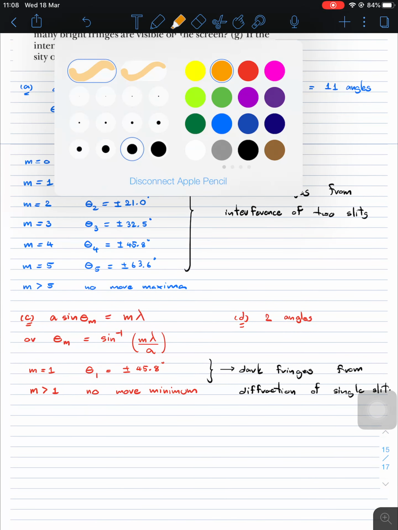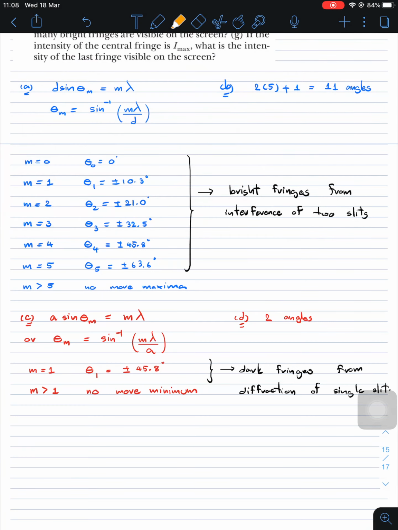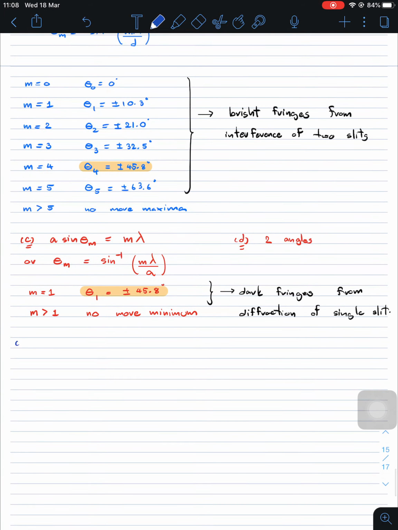We can see that we have two angles overlapping each other. So we have this one and this one overlapping. That's quite simple. We can say that we have two angles, which are plus or minus 45.8 degrees.